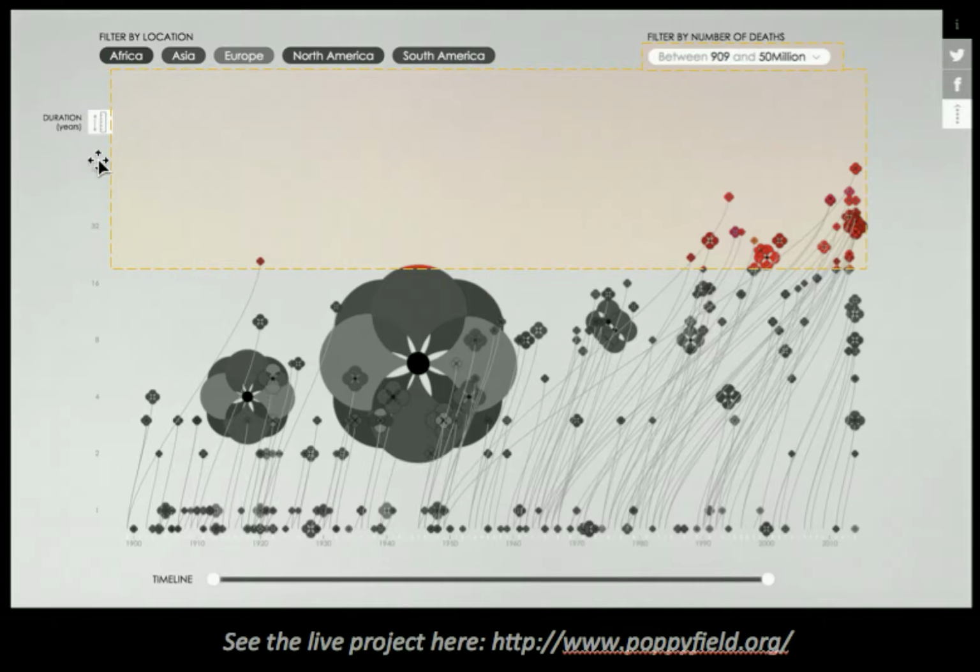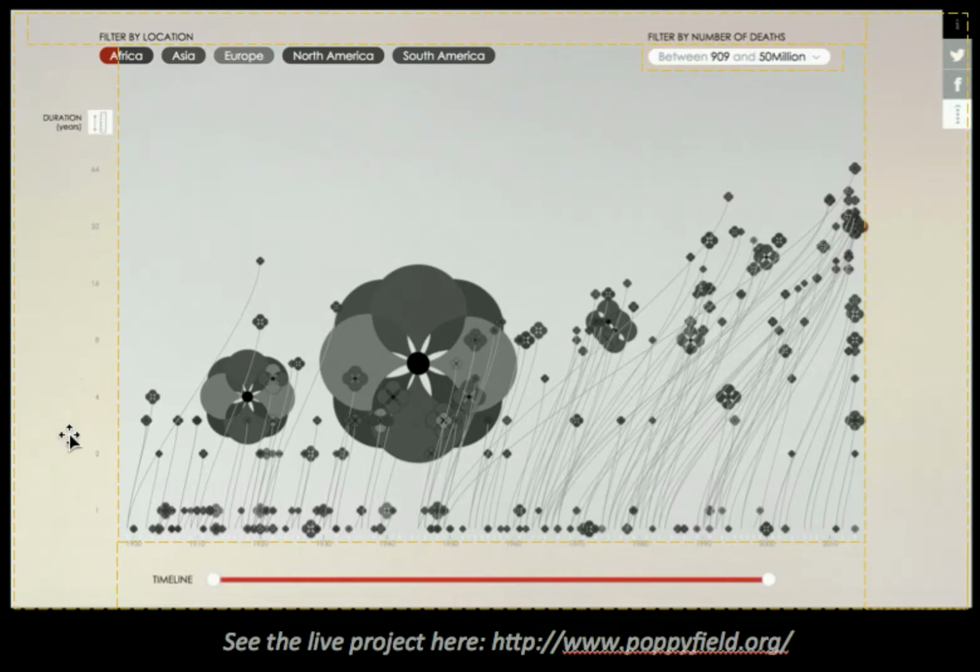And this space is crucial for us to notice that the wars have grown longer over the years, and so we can see a trend line, an implied line that only emerges because we are given this free space that allows us to focus on this kind of trend line. Without the negative space, this would not be possible.